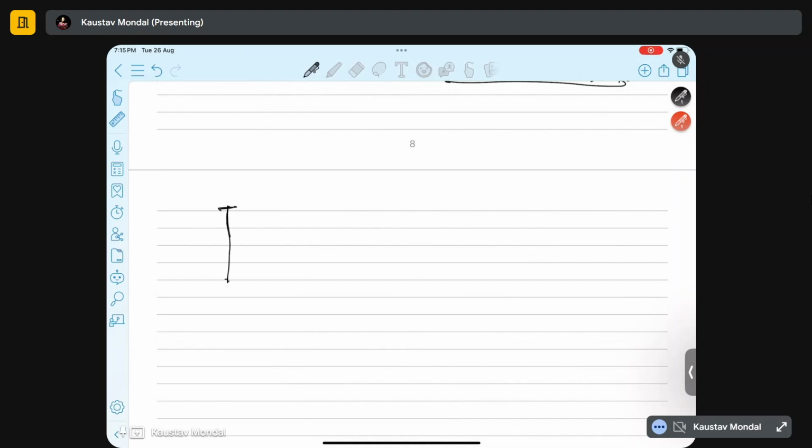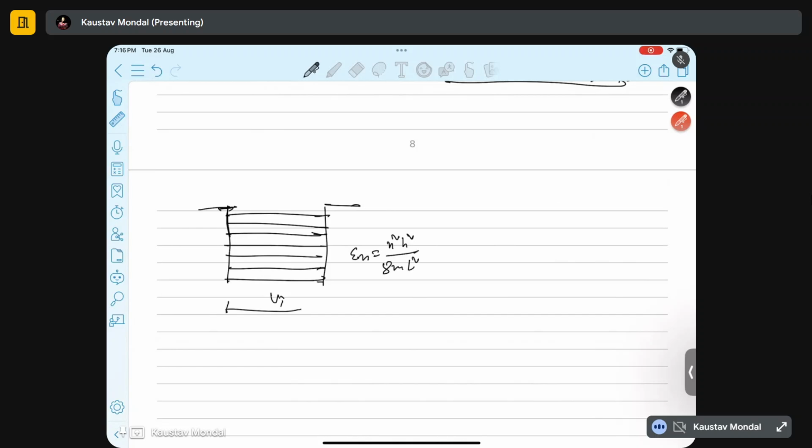Let's suppose in a container of a particular volume Vi, there are certain energy states, right? Let's suppose it's a 1D kind of container. So the energy levels are like n square h square by 8 m L square, where L is basically the length of the container.